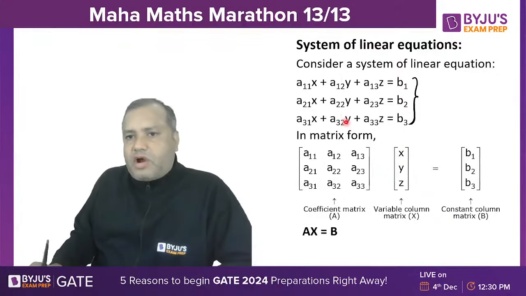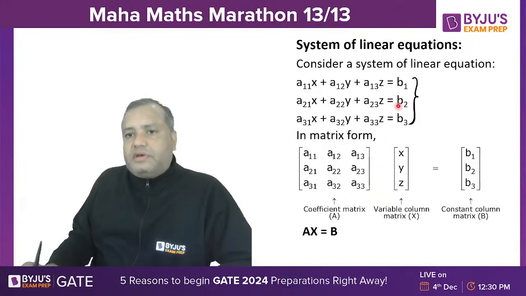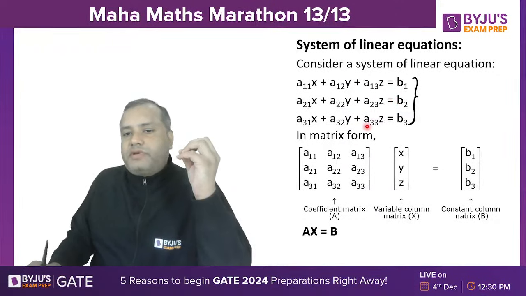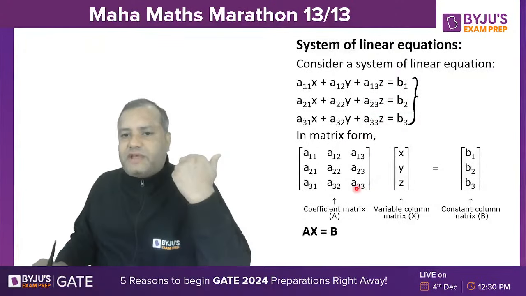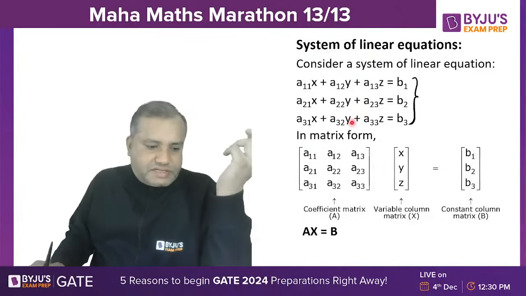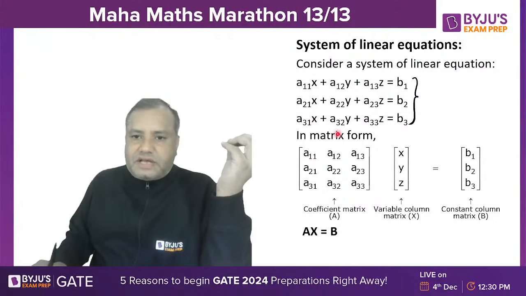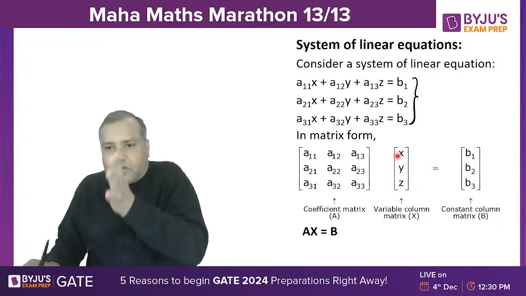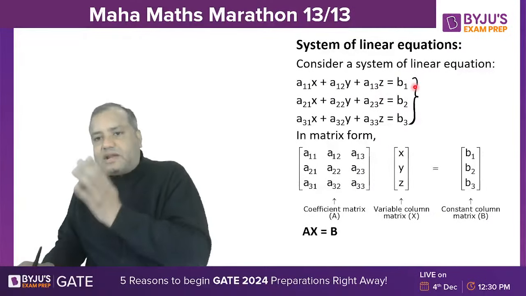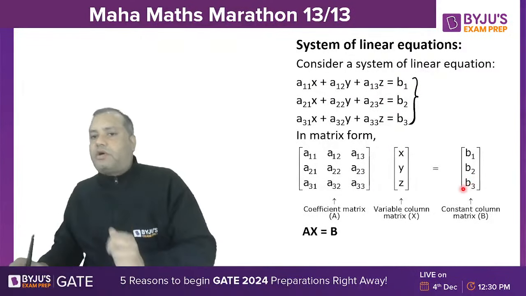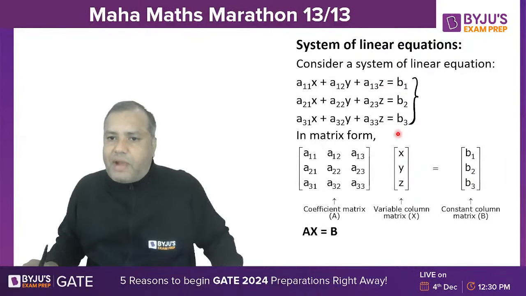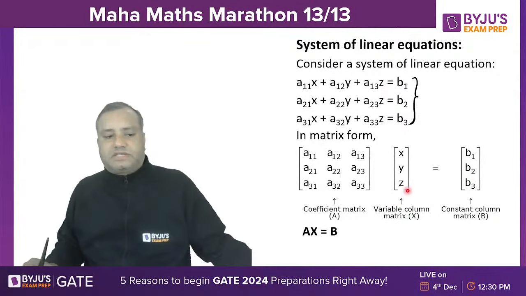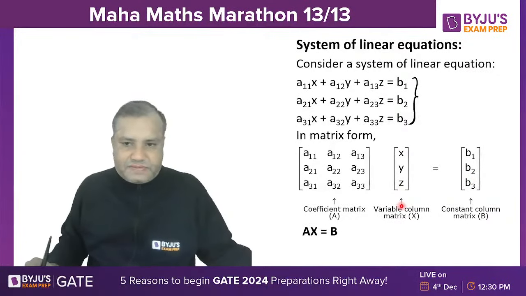Now, we have got 3 equations. We can write this system in matrix form as well. All the coefficients are arranged in the matrix form. Variables are arranged in a column form. Then right hand side constants are once again arranged in a column form. So this column matrix containing the variables is called the variable column matrix.